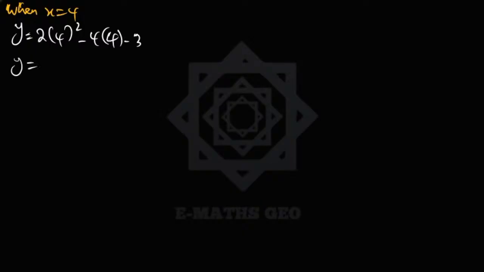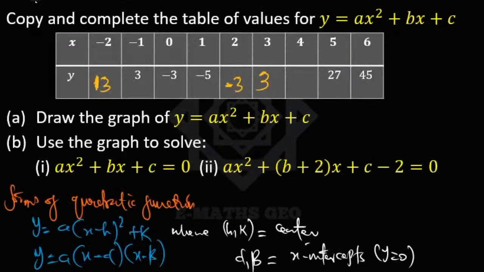To solve this first part, I will factor 4 squared so that it will be easy. This is 4 squared, 4 squared, so this is now 16 minus 3. That should be 13. So we have x is 4, y is 13.